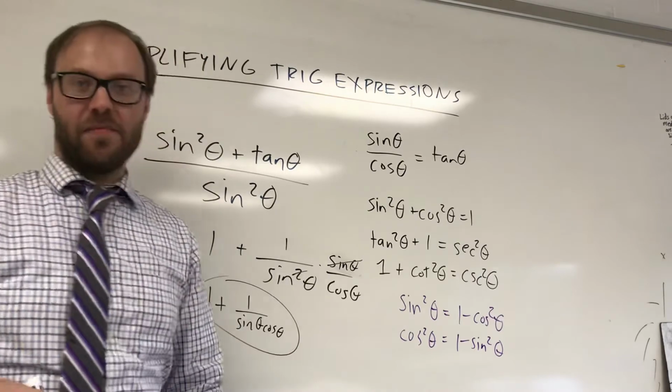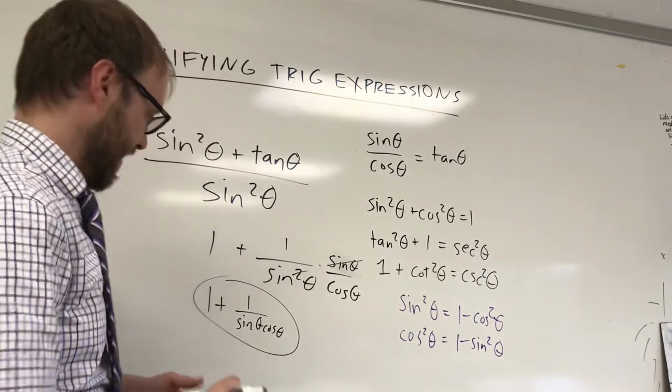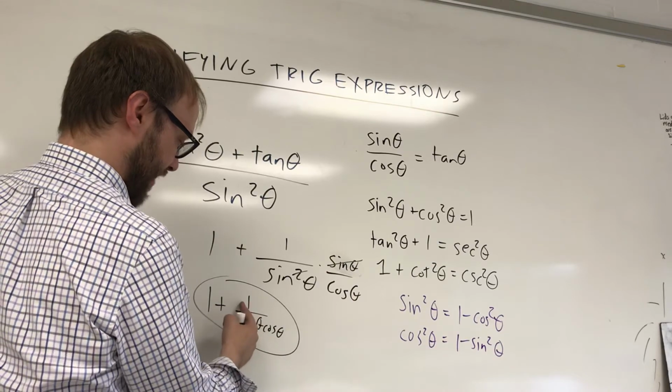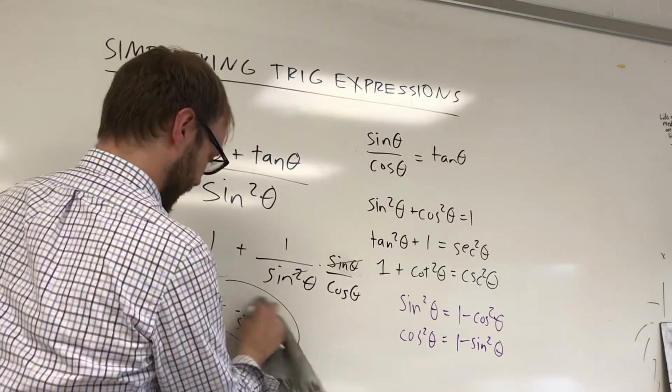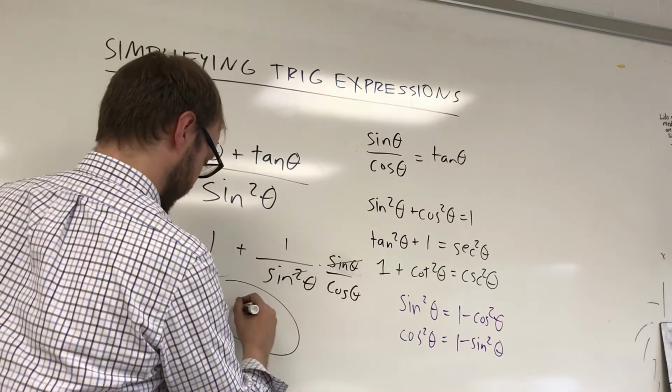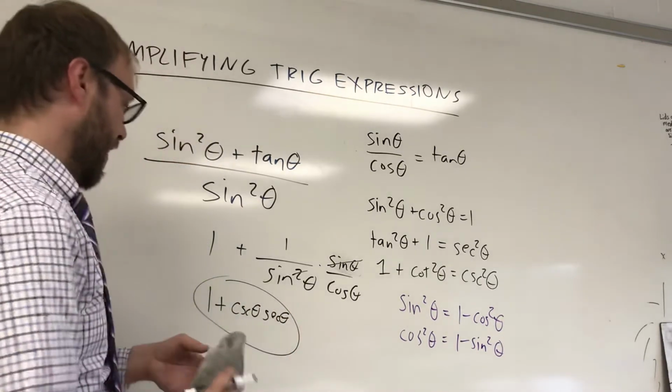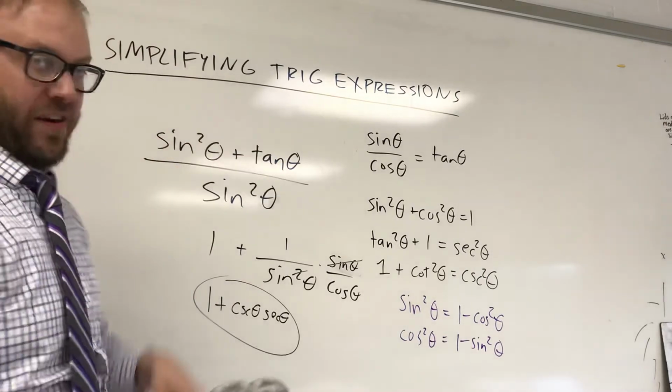I doubt that's going to simplify a whole lot more, but that's the basic idea. Or actually, you could flip these two up to the top, and you could write it as a cosecant of theta times a secant of theta. You could do the reciprocal there. Something like that. So anyway, that's certainly a lot more simple than the original.